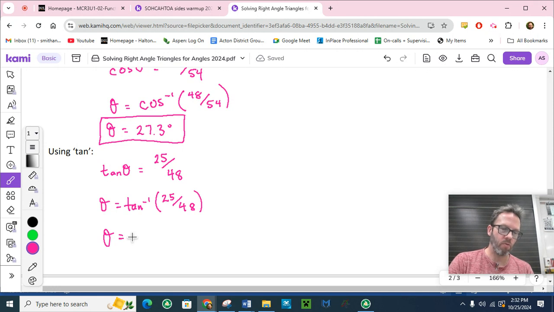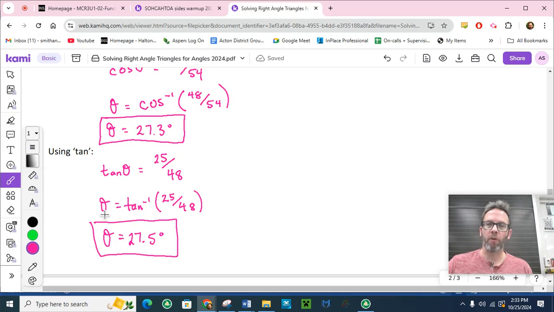Second tan, 25 divided by 48. Yeah, 27.5. Perfect. So great talking point. You guys okay with that? You and your friend, if you use different methods, you're going to get the same answer. You might differ by a decimal place or two, but that's okay. So we've addressed that here.